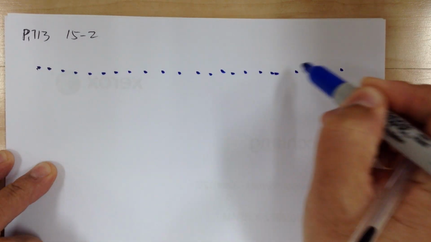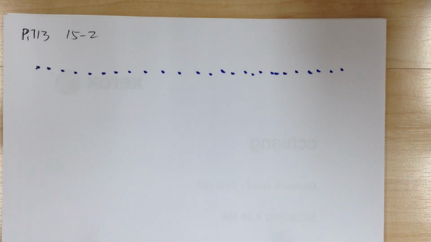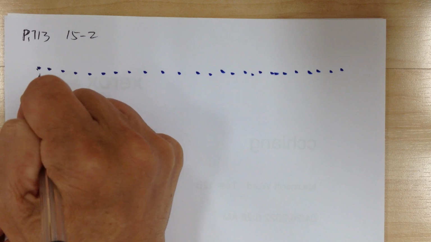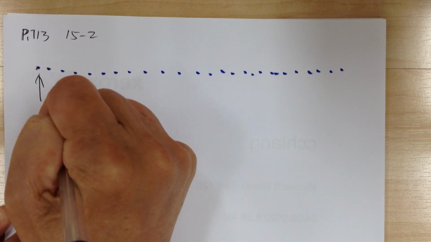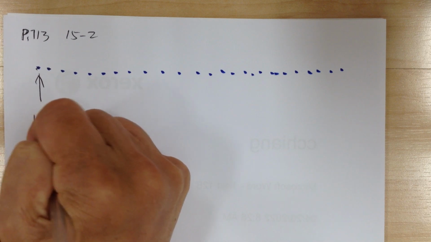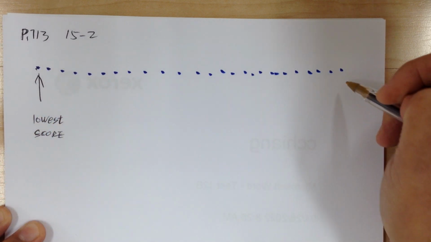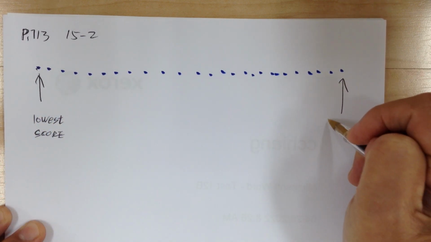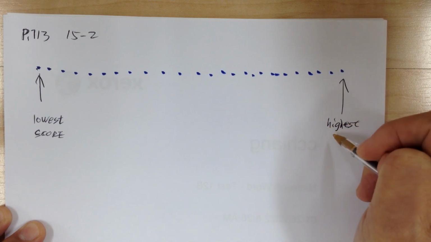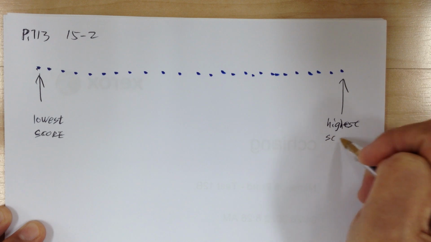So you have all these data. So the first entry, this would be your lowest score, or the number. And this one would be the highest.